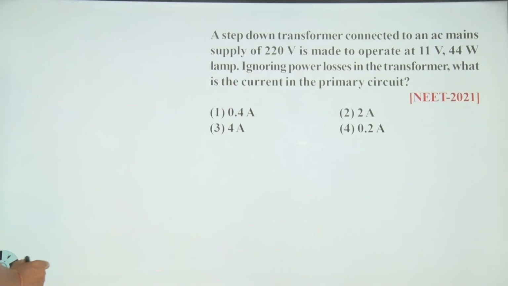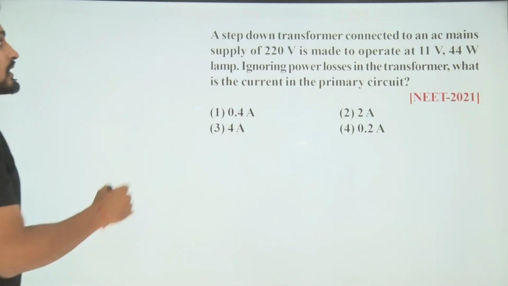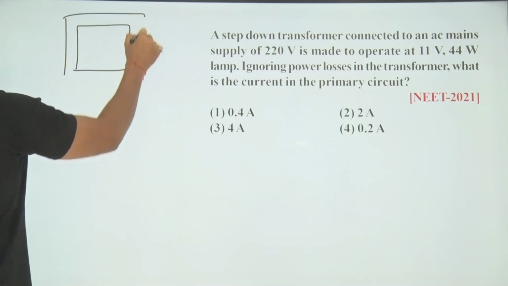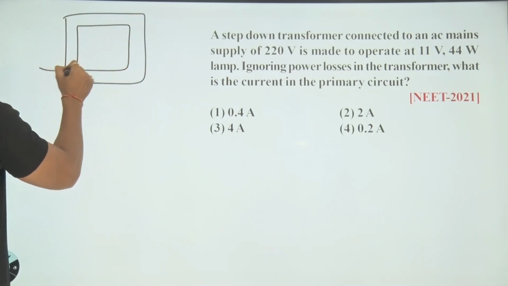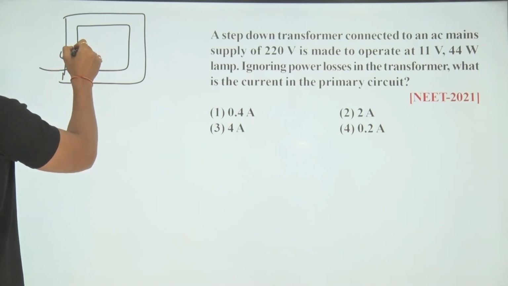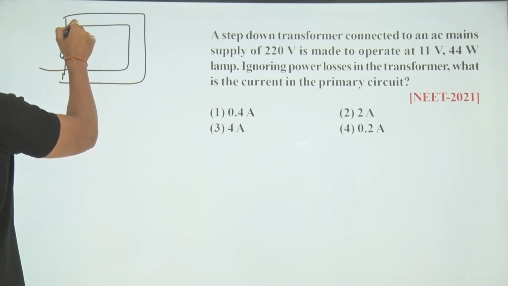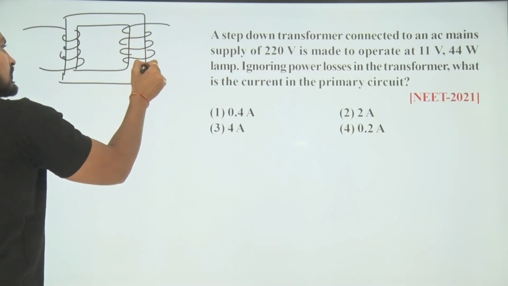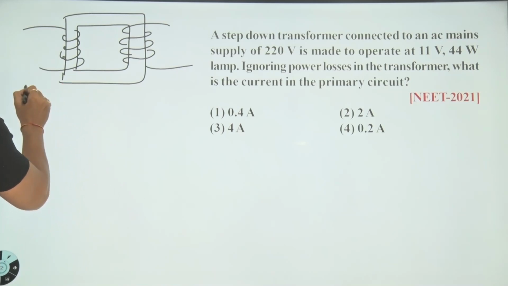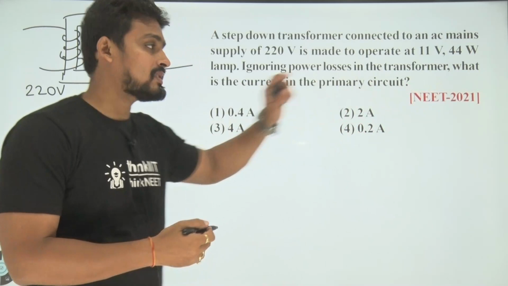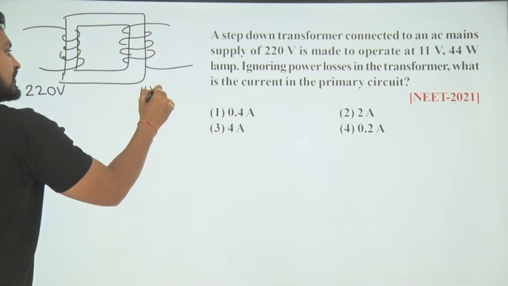Now, can I say that in the case of step-down transformer, I have the voltage being decreased, right? Okay, so here I am having 220 volt, and at this secondary circuit I would be having 11 volt, right?